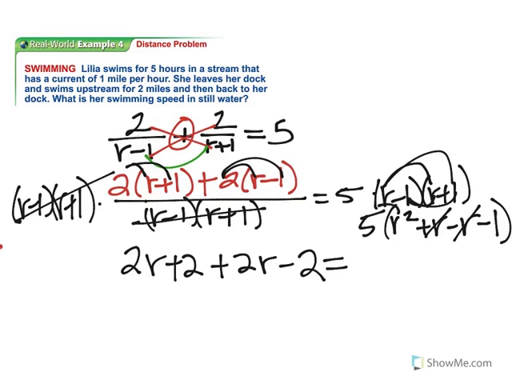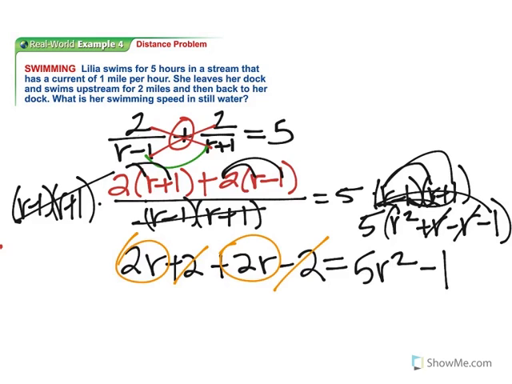These two terms cancel out, and we're multiplying by 5, so distribute your 5. So we get 5r squared minus 5. And here, if we combine like terms, the 2's cancel, and 2r plus 2r is 4r. So we get 4r is equal to 5r squared minus 5.